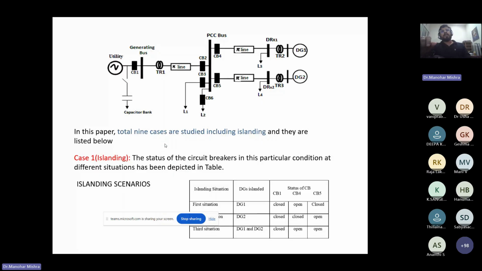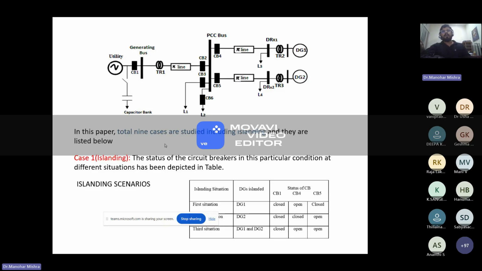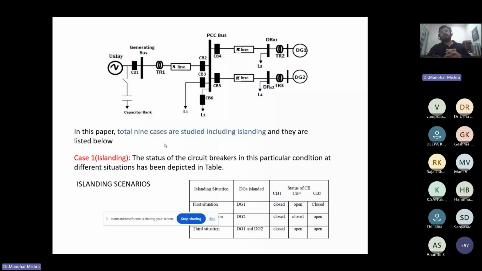If we switch circuit breaker 2, then at that time DG1 and DG2 are both islanded. These are the islanding scenarios we have formulated. Here we generate many signals by varying the loading condition, such as L3 and L4, and simulate many islanding cases.